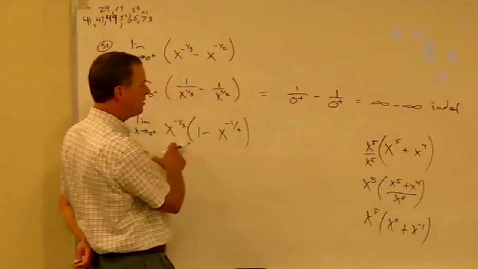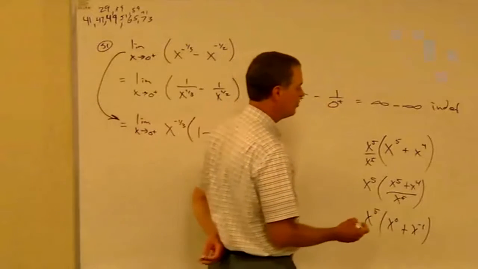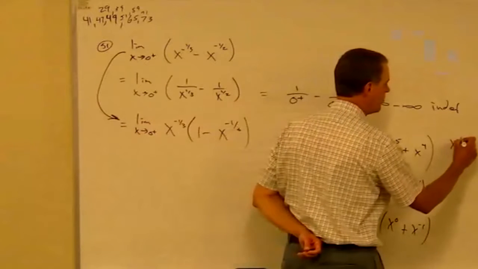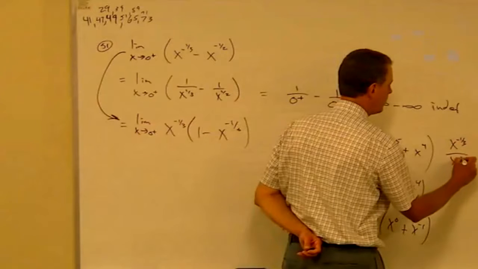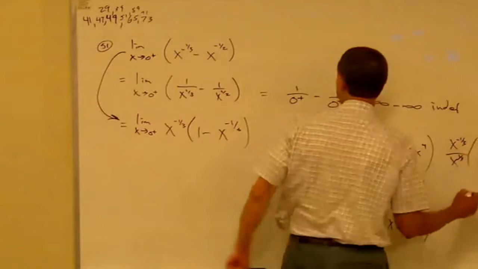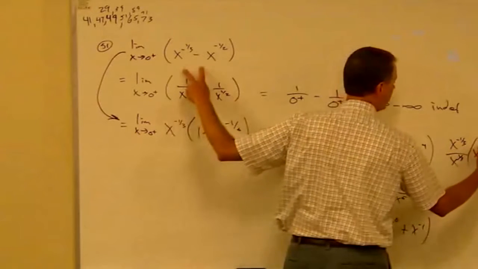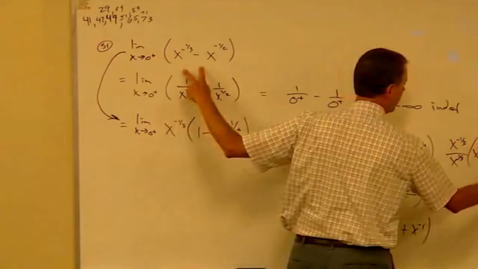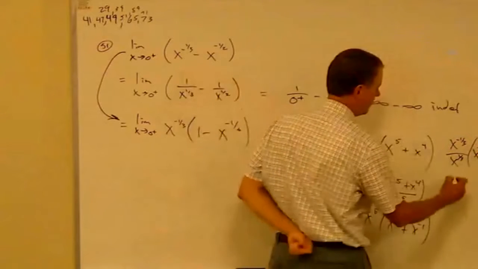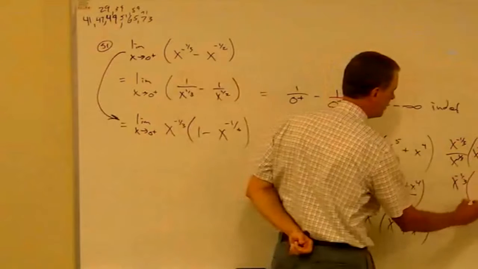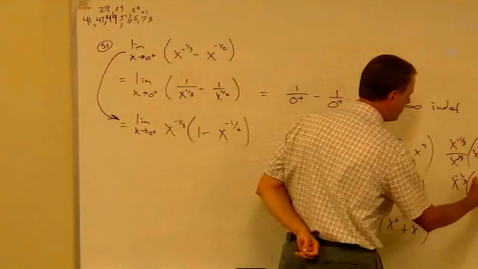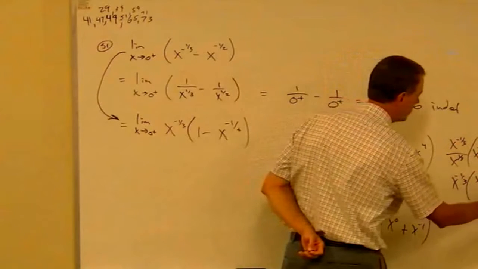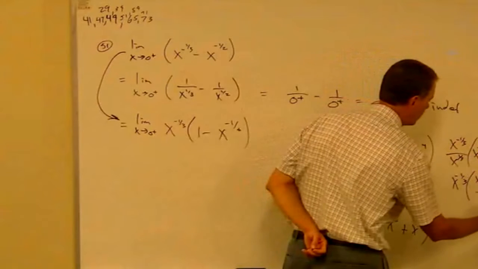If I'm factoring out an x to the negative 1/3, then I'm doing the same thing. So x to the negative 1/3 over x to the negative 1/3 times x to the negative 1/3 minus x to the negative 1/2 over x to the negative 1/3.